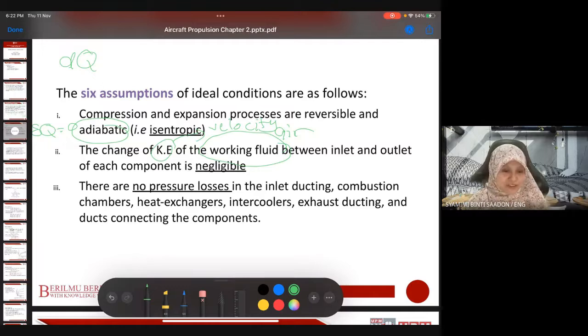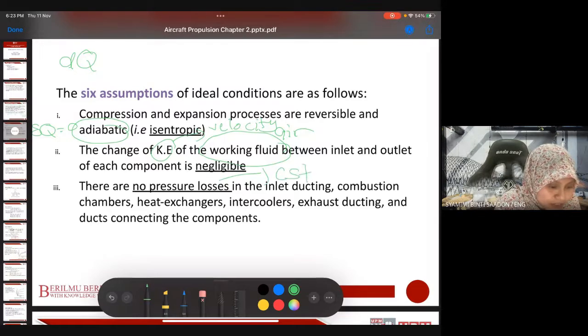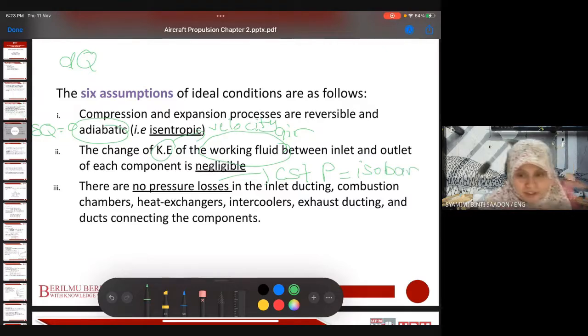For example, in the combustion process, the fuel burning with the working fluid air has no pressure loss, which means that the process is at constant pressure, isobaric. Another term for constant pressure is isobar.